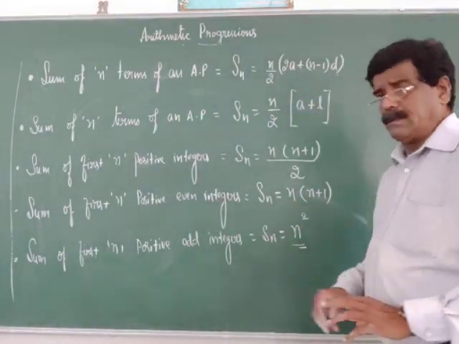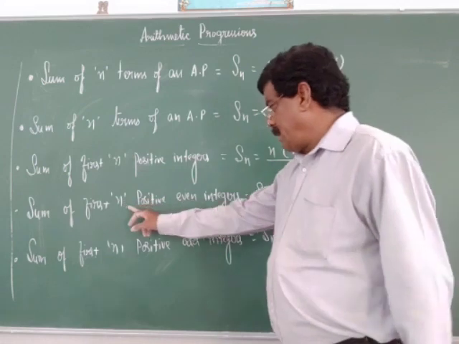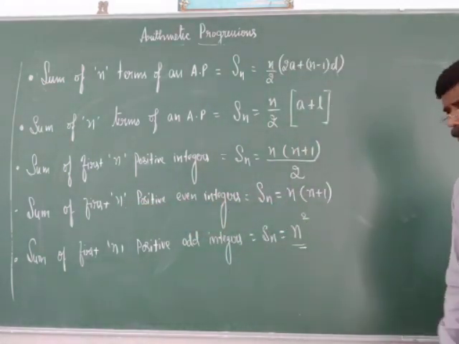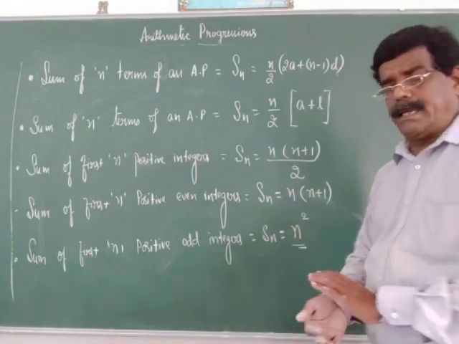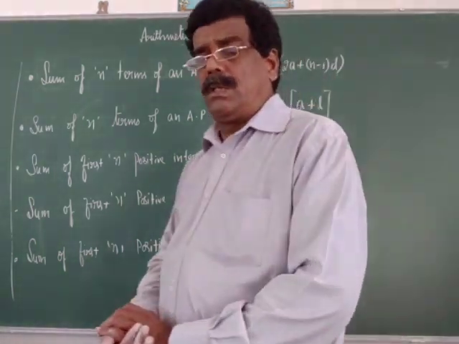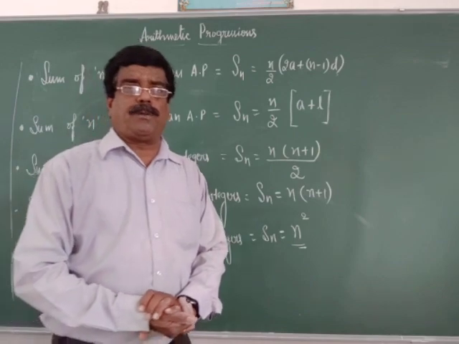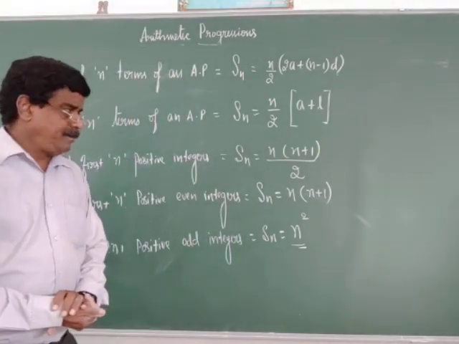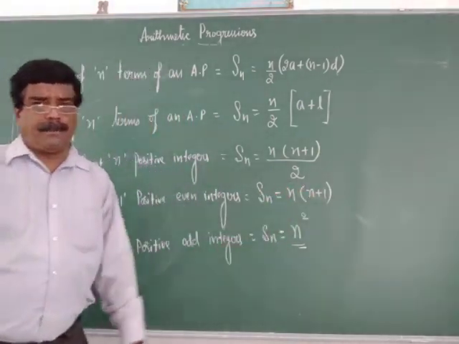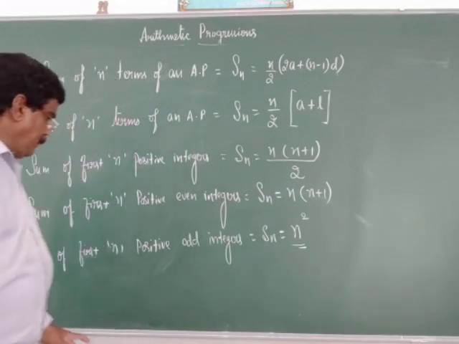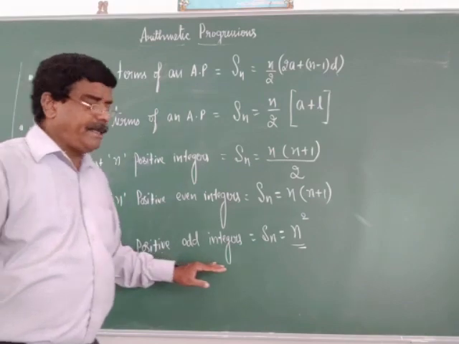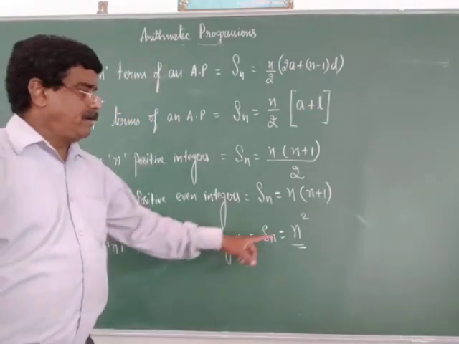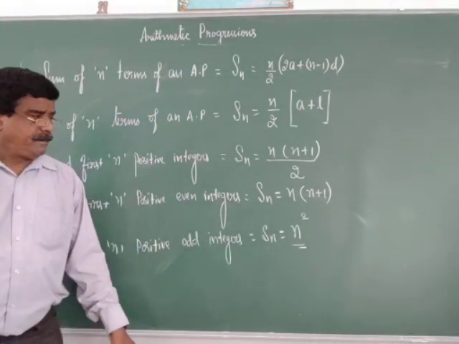Similarly, we come to the sum of first n positive even integers. Even integers means only 2, 4, 6 like that: 2 plus 4, 2 plus 4 plus 6, 2 plus 4 plus 6 plus 8. So you can apply n into n plus 1 formula. Similarly, the last one is the sum of first n positive odd integers, Sn again, which is equal to n square.